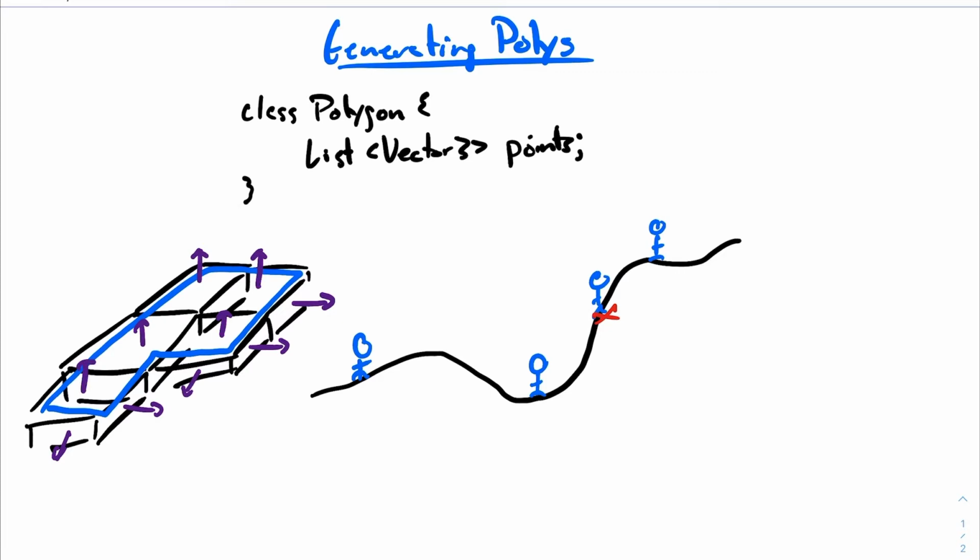So if you were to look at all the meshes, and you look at all the faces, and look at the normals, you could compare the normals with the global upward direction. And essentially say, is the normal of the surface that I'm looking at similar enough to the global upward direction?